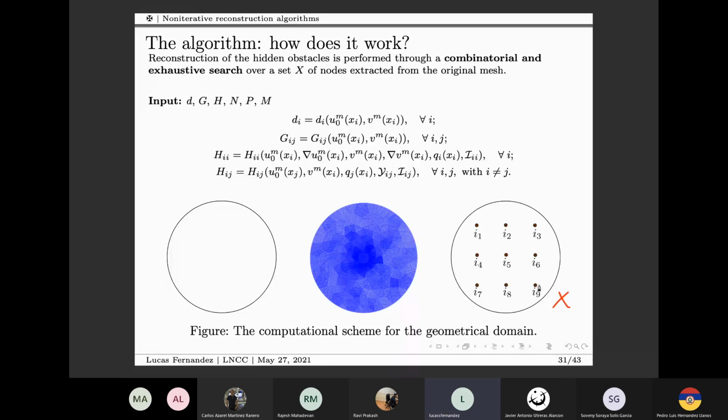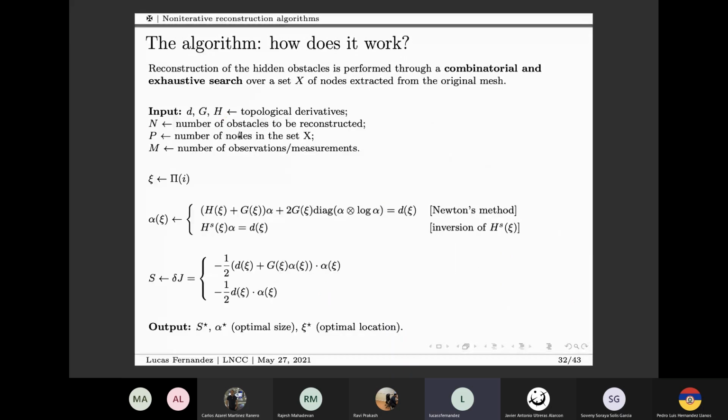So I'm considering so few nodes because I want to show you a particular example, a fictitious example, right? So the inputs are the topological derivatives, the number of obstacles to be reconstructed, the number of nodes in the set X, and the number of measurements.